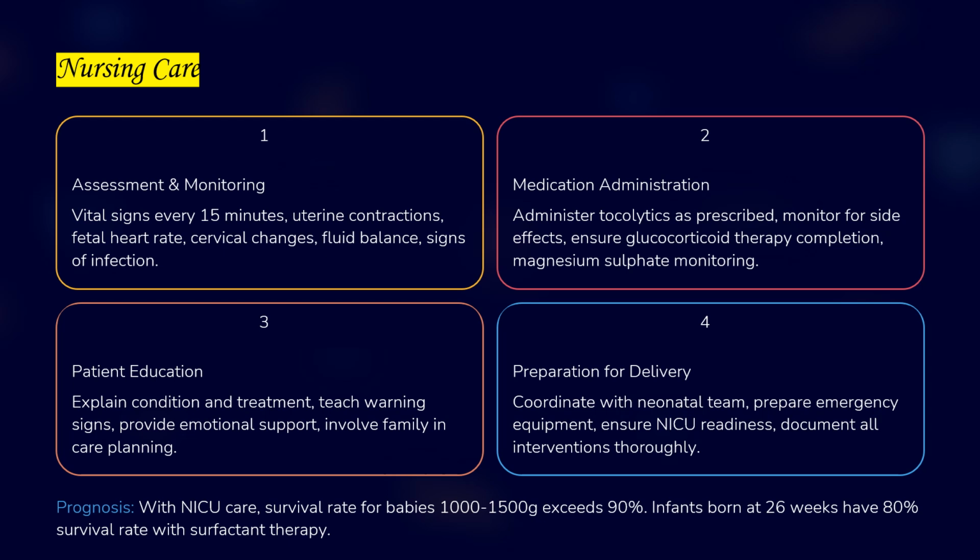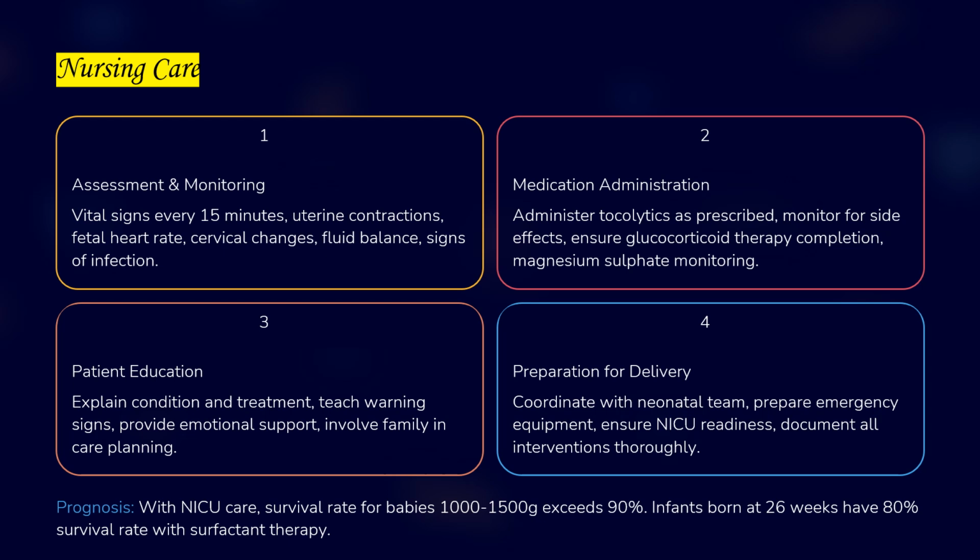Okay. Number four, preparation for delivery. So make sure that you coordinate with the neonatal team. You need to call them up and say that you have a preterm mother with you, who is going to deliver now. So after all the care that you will give in the delivery room, the baby will be shifted to the neonatal NICU, right? So you need to coordinate with the neonatal team.